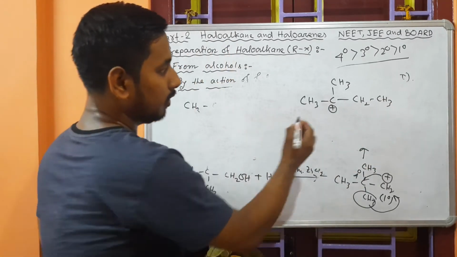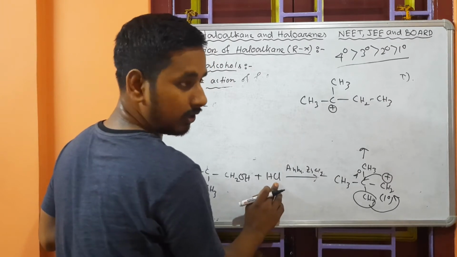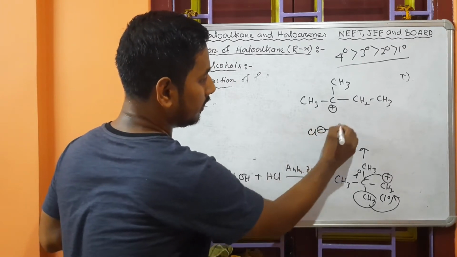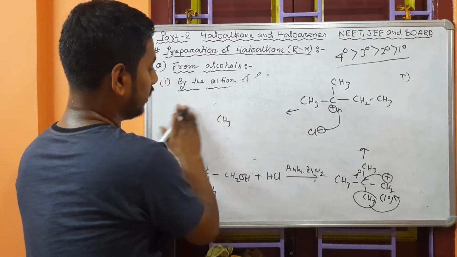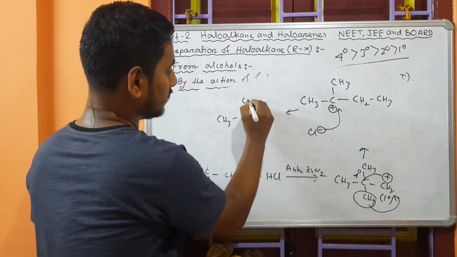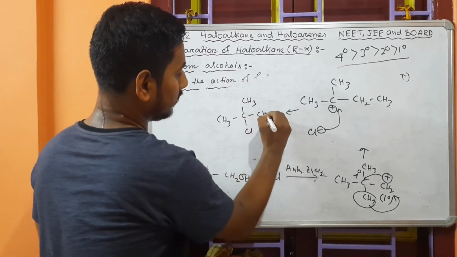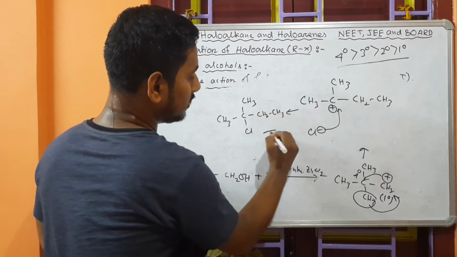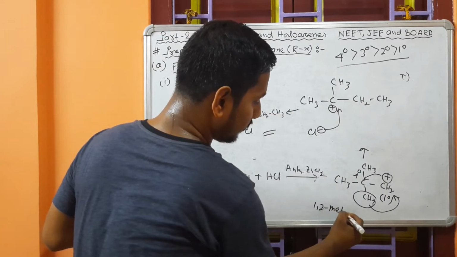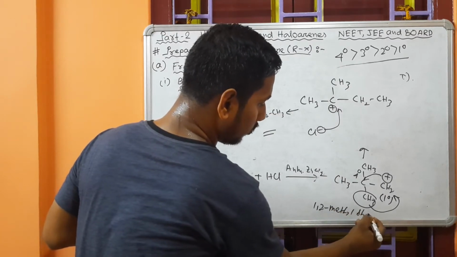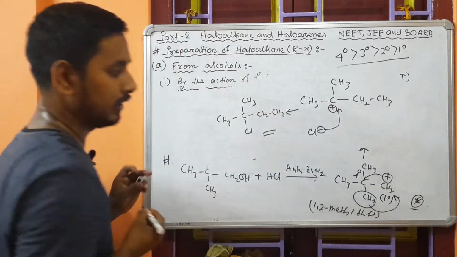Now this Cl minus reacts here, and you get the product CH3Cl, then CH2CH3. This is the final one, and this is called 1,2 methyl shift. So this part is the most important part. You have to remember this thing.